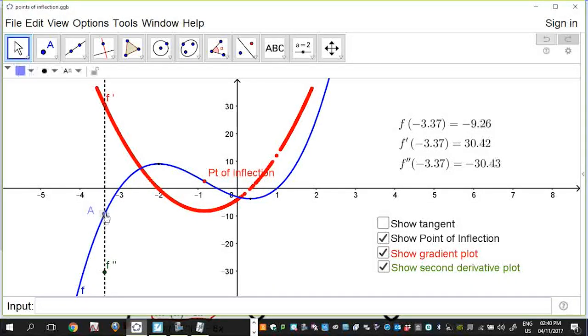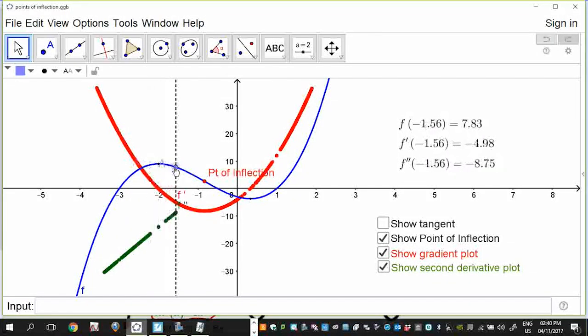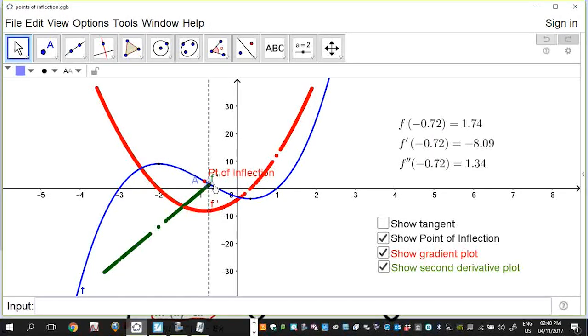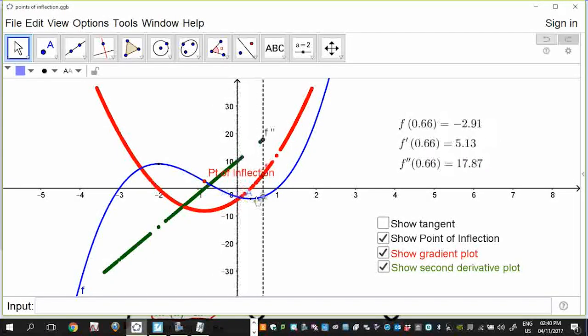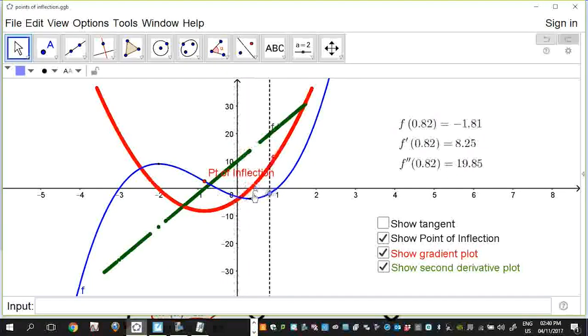If we concentrate on the red function, it's got a negative gradient at the moment, which is why the green dot is plotting below the axis. It has a negative gradient the whole way until its turning point, which happens to be the point of inflection as well. From then on, it has a positive gradient. The red graph has a positive gradient, and the blue graph is concave up at that stage.